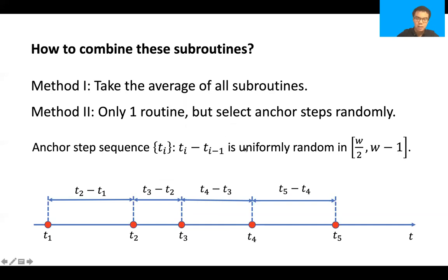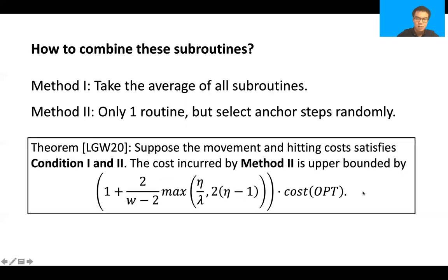We generate this interval T2 minus T1 uniformly at random in a range. And in our paper, we show that this method has an expected cost that converges to the offline optimal cost as more predictions are available.